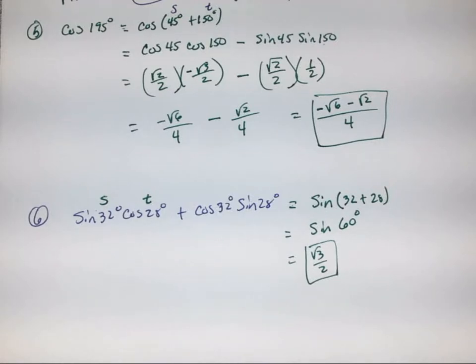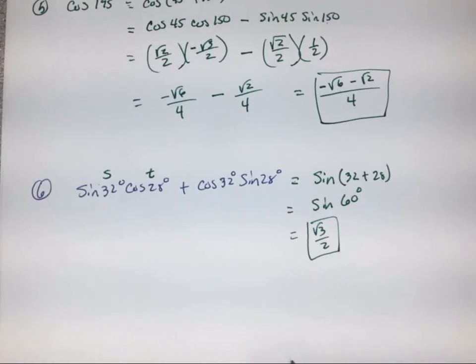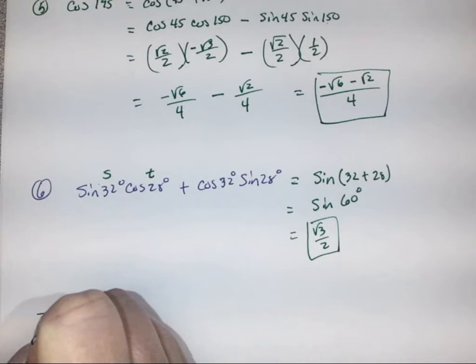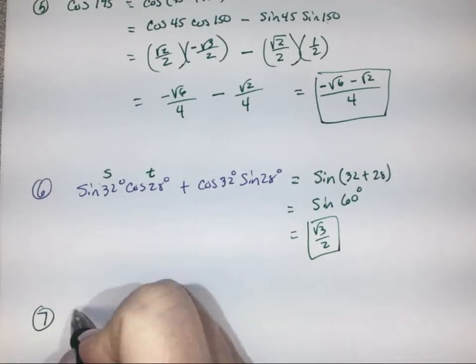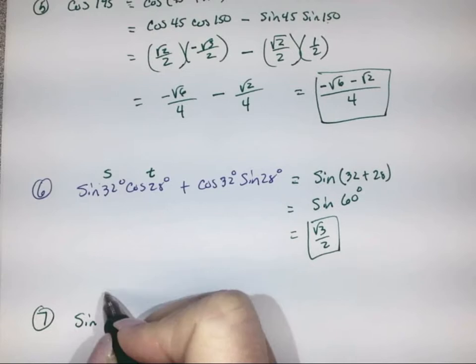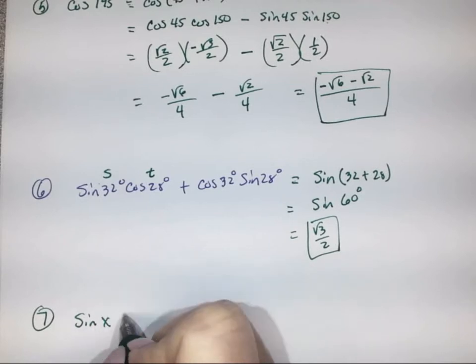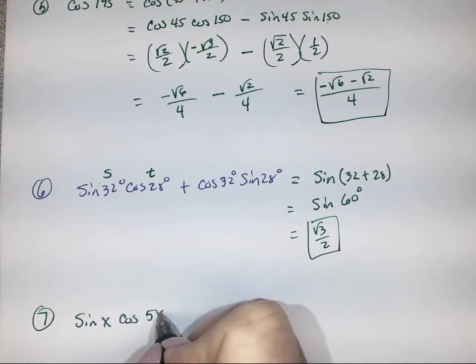All right, our next problem, we are going to write the product as a sum. So we have the sine of x cosine of 5x.